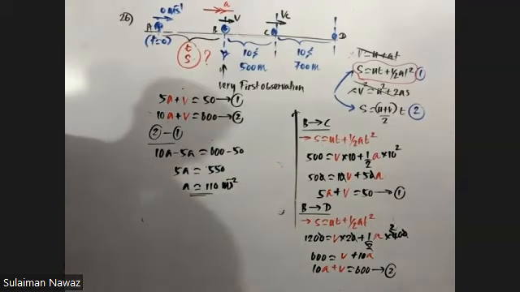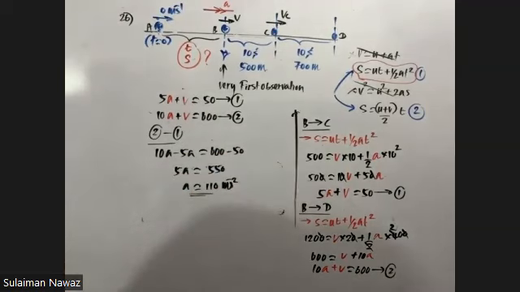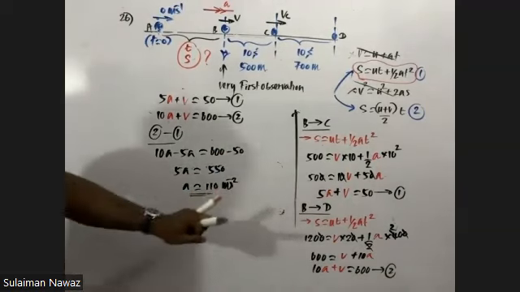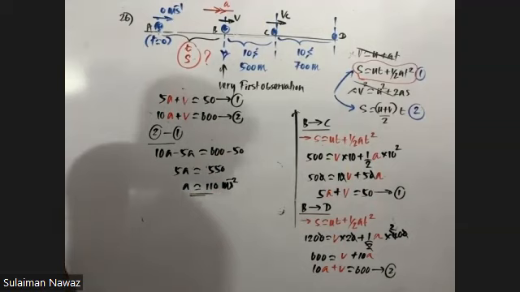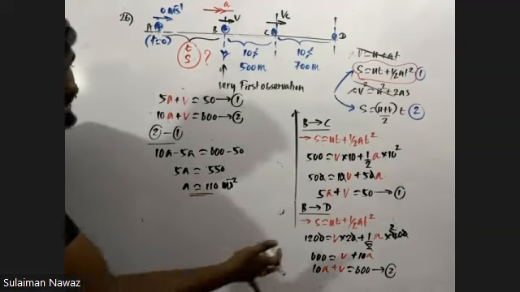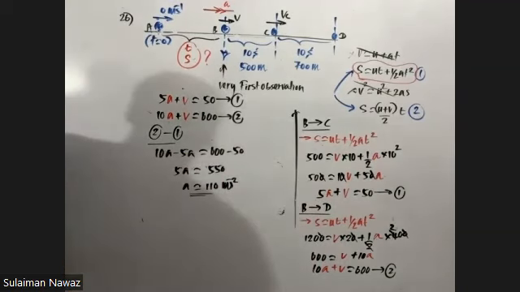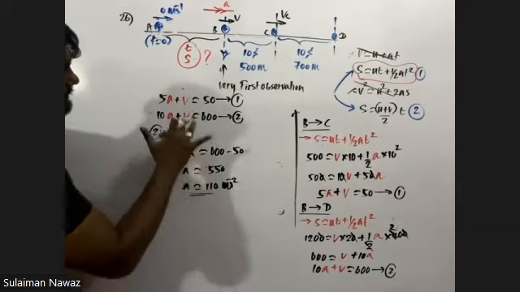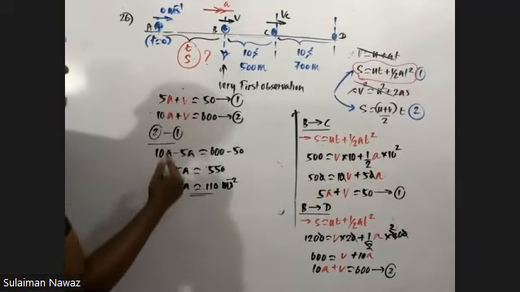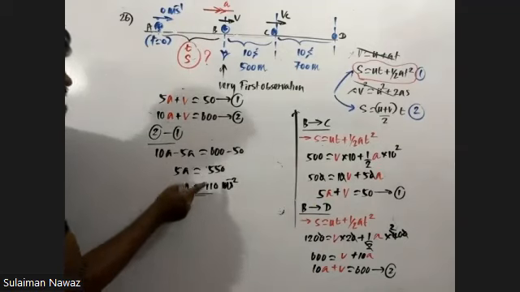Am I correct? How many of you got this answer? If you find my A is 110, if I did anything wrong, let me know, leave a reply. If I want to find V, I take equation 1. Did I do any mistake?